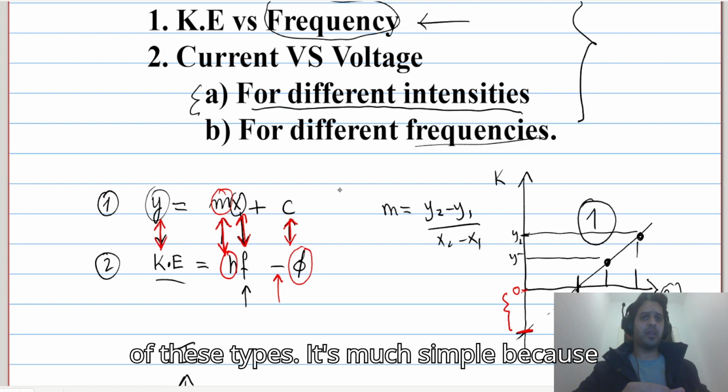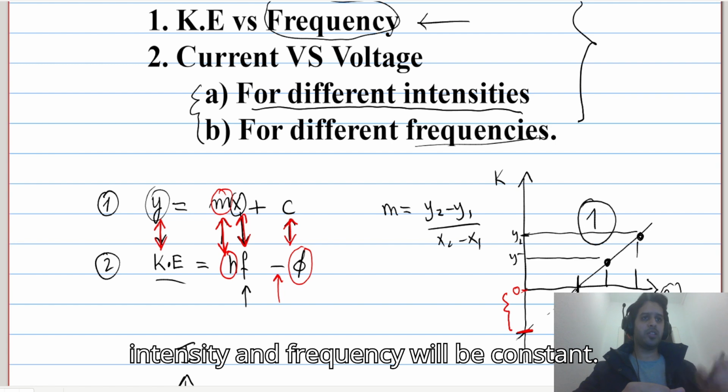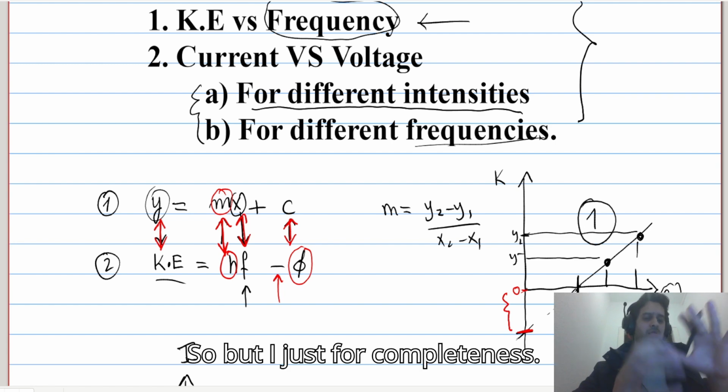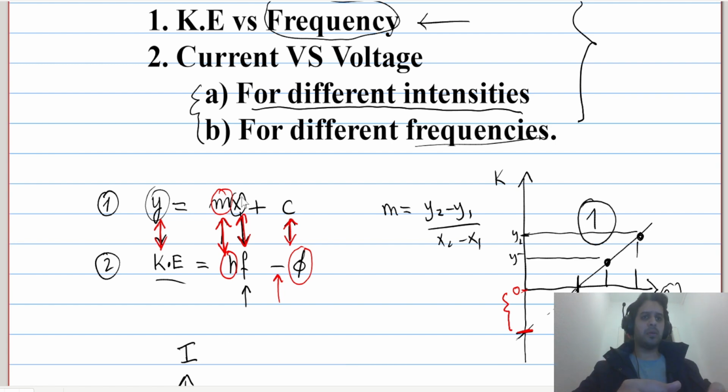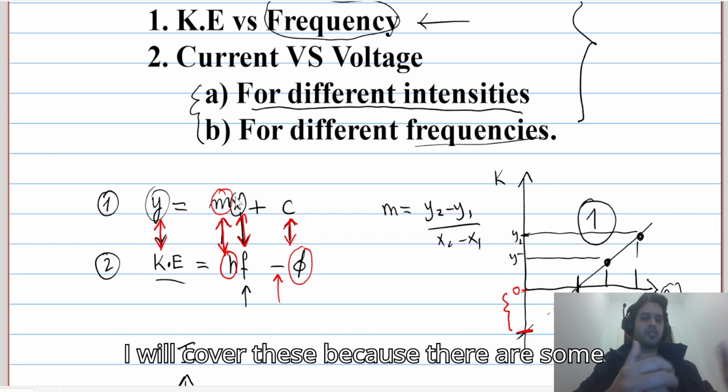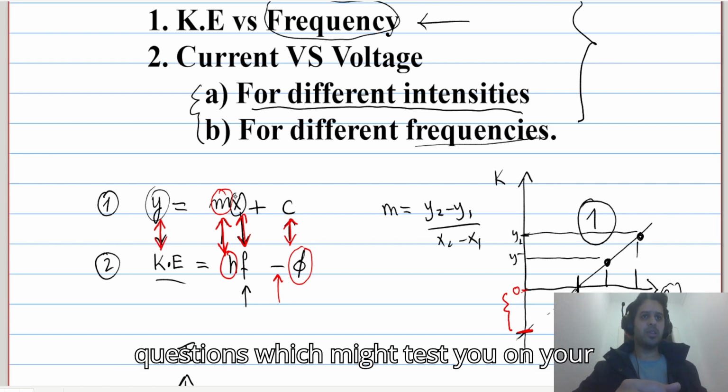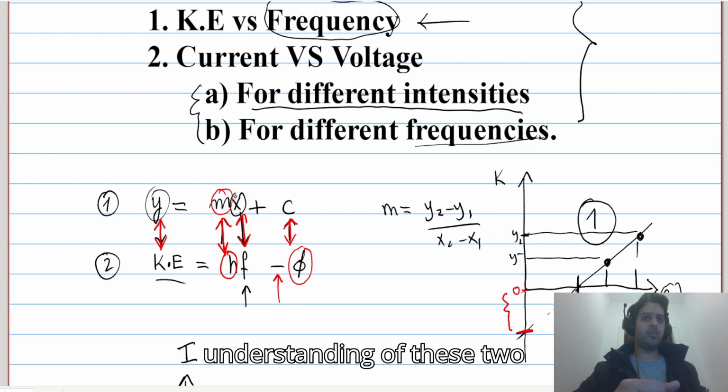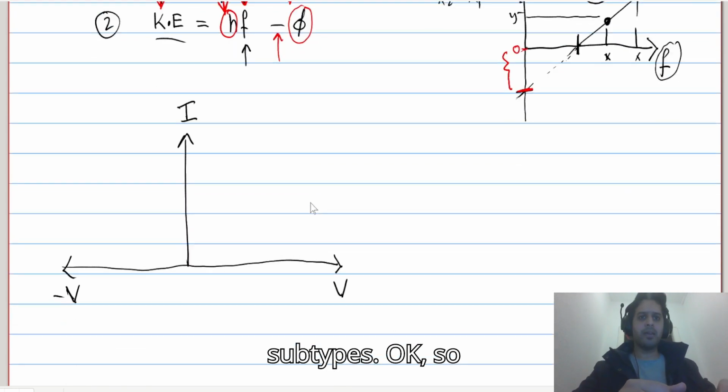It's none of these types. It's much simpler because intensity and frequency will be constant. But just for completeness, I will cover these because there will be some other questions which might test you on your understanding of these two subtypes, okay?